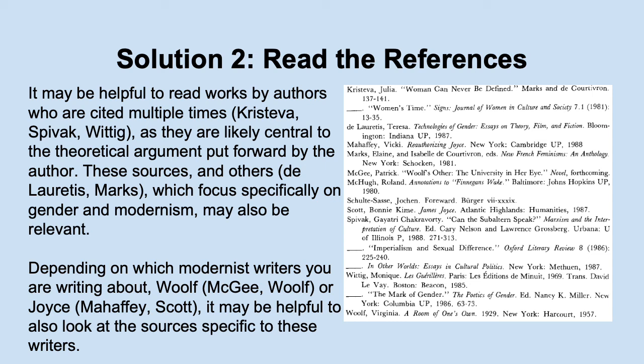These sources, along with others such as De Laurentiis and Marx, which focus specifically on gender and modernism, could also be relevant. Additionally, depending on which modernist writer you're writing about, if you're writing about Virginia Woolf or James Joyce, it may be helpful to look at sources specific to each writer.